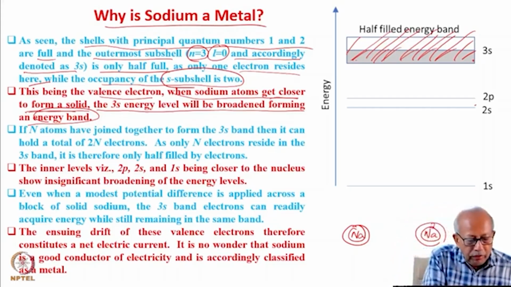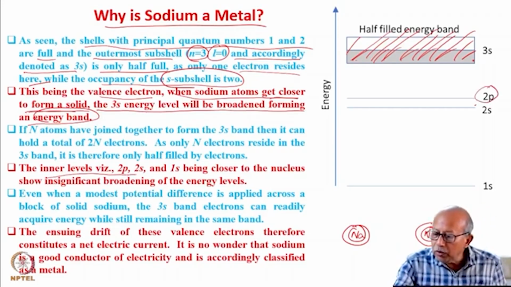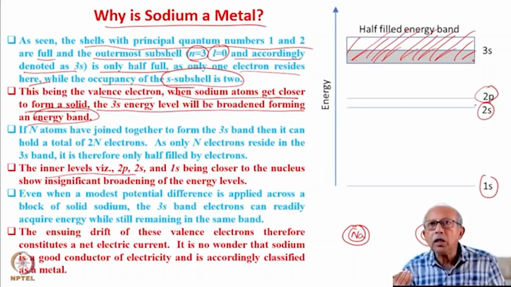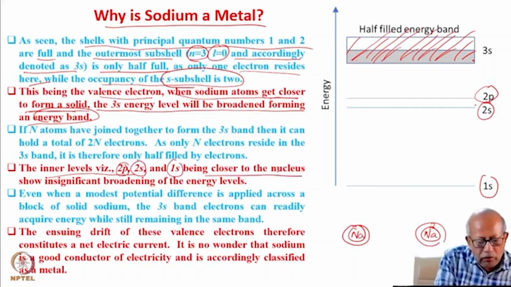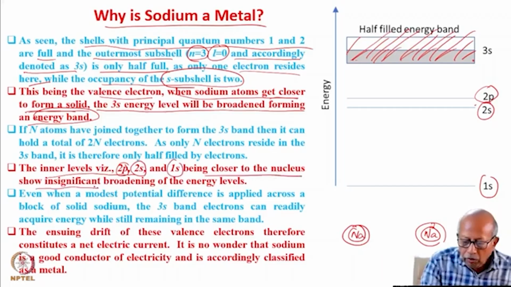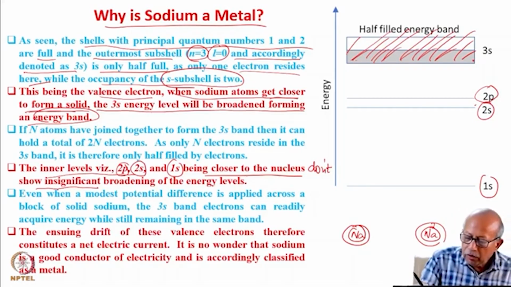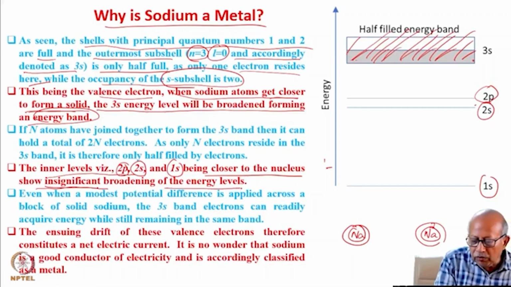But the inner levels, that is 2p, 2s and 1s, which are much closer to the nucleus, being closer to the nucleus, do not show significant broadening of the energy level.